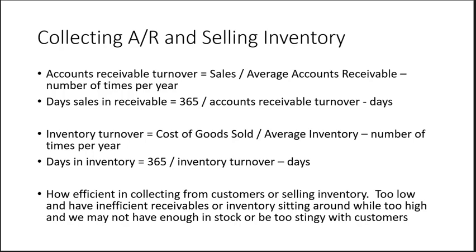So sales goes on top of your ratio, your accounts receivable average goes on the bottom, and that tells you the number of times we collect our money per year. So don't label that a percentage, label it number of times. So that's the number of times. So your sales off the income statement, accounts receivable off the balance sheet.